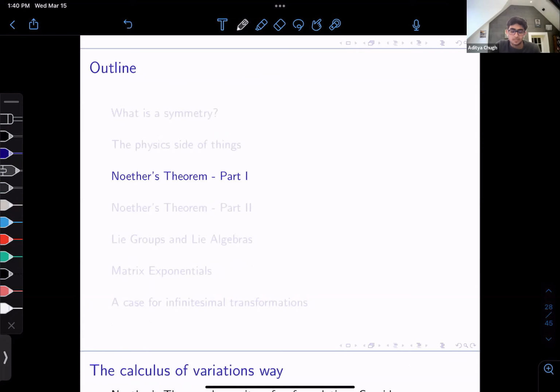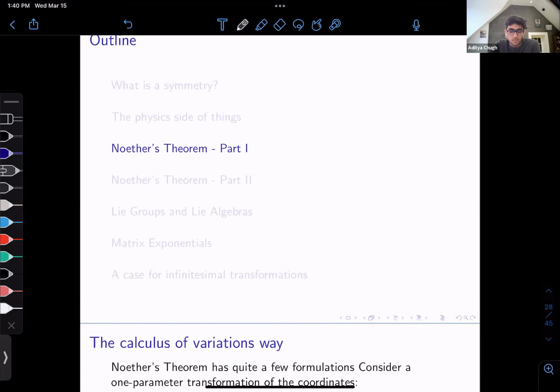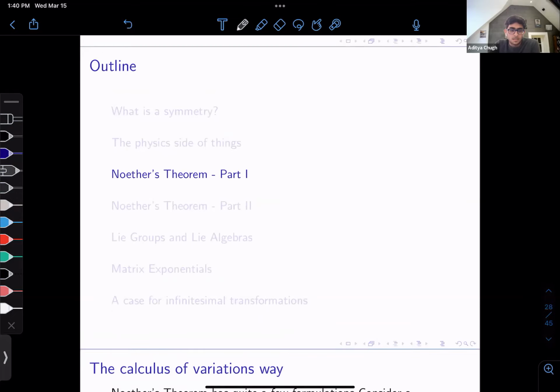Now, finally, we try to study Noether's theorem, which tells us about the symmetries of your physical systems.